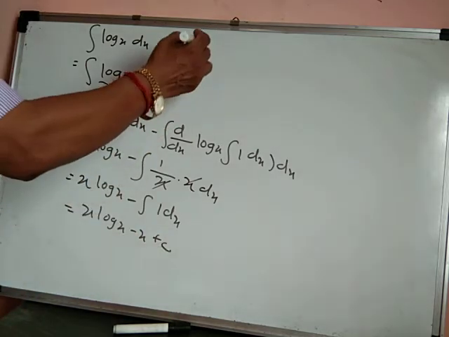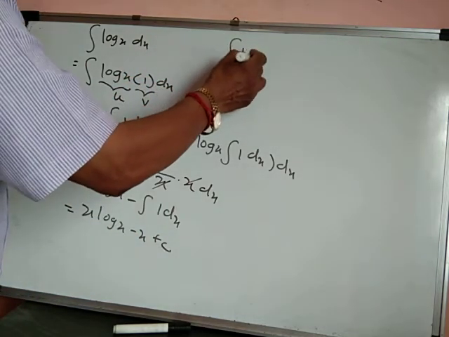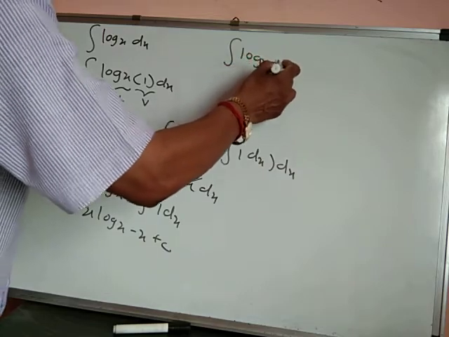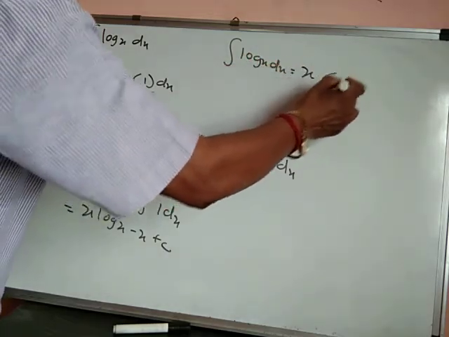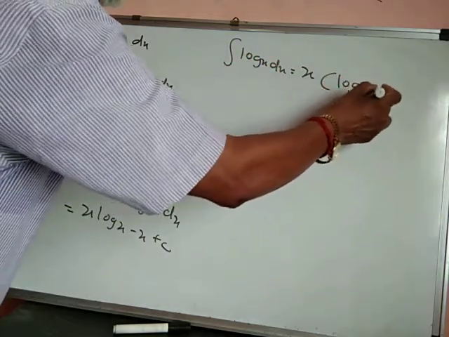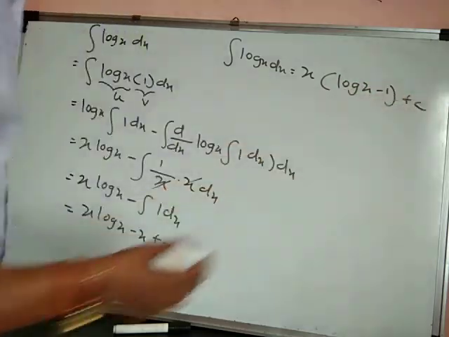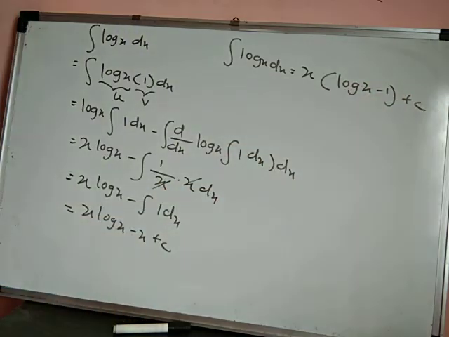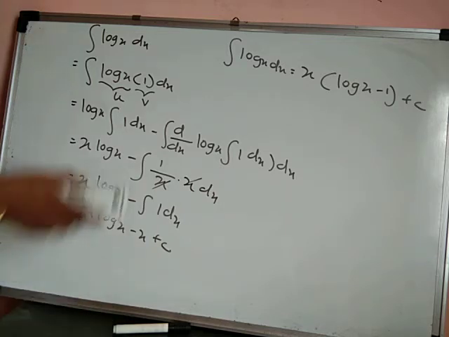Now you can remember it as a formula: integration of log x dx is equal to, take x common, x into log x minus 1 plus c. So if you come across a logarithmic function or inverse function alone, then what do you do? You multiply by 1 and take 1 as v. Let us see one more.